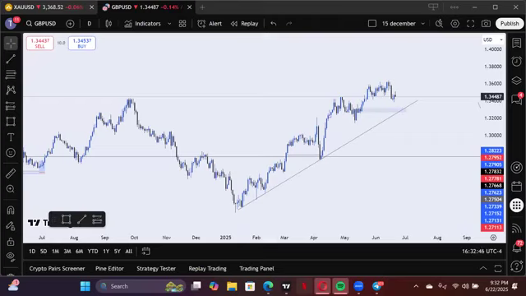You said for a pair to complete its cycle, it must make a higher high. So my question is, let's say a pair is in an uptrend and it made a higher low, and then it started going up, but instead of making a higher high, it now broke the last low. Does it mean that trend, that cycle is not complete yet?